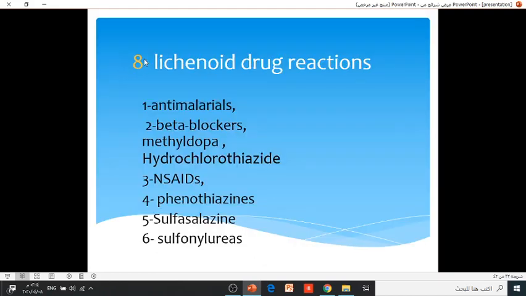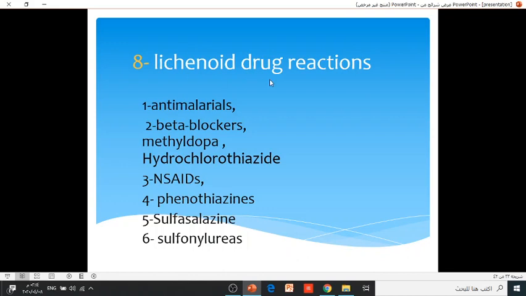Some drugs cause lichenoid drug reactions. As you know, lichenoid reaction is different from lichen planus, although they might have a similar appearance. Lichenoid drug reaction is unilateral, while lichen planus is bilateral in most cases.